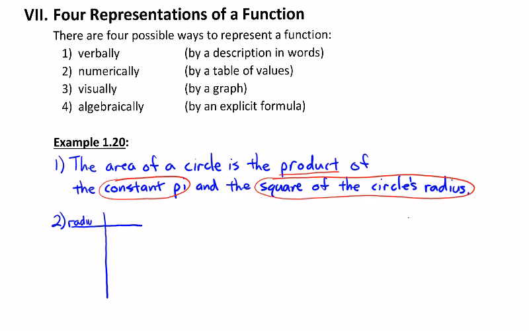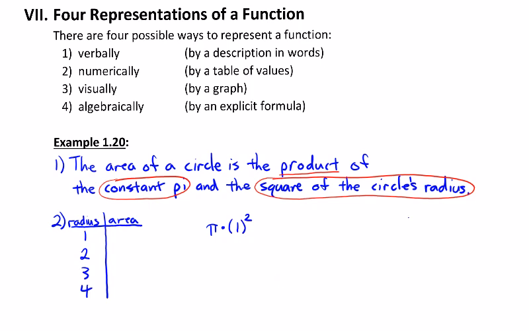I will have the radius for the first column, area for the second column, and I'm going to pick some relatively nice radius values. 1, 2, 3, and 4 would be relatively nice. And if I put them into the format that I'm looking for, I'd say pi, and I'm supposed to multiply that with the square of the radius.